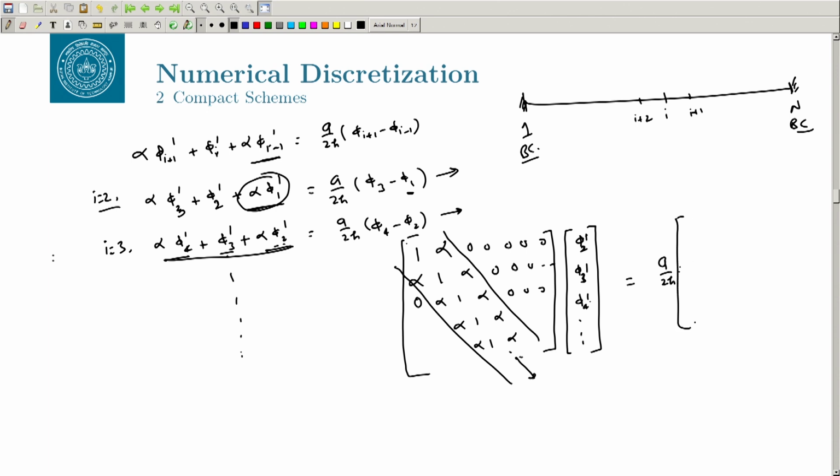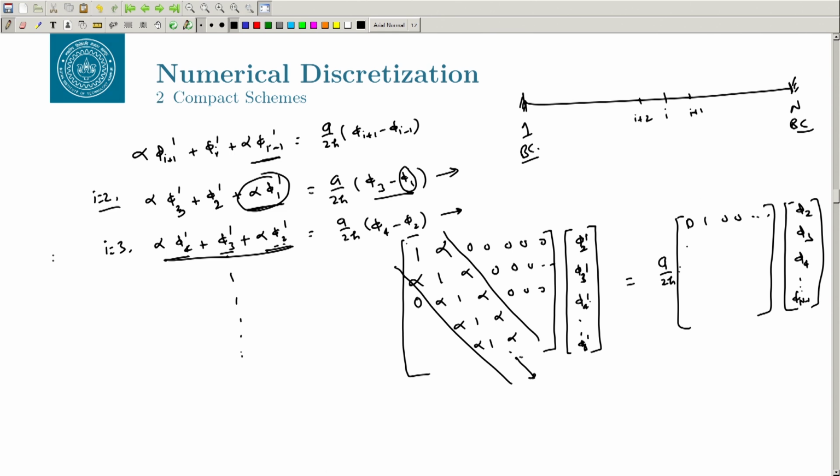and similarly you can write on the right hand side. Okay. So, right hand side, if I write it in terms of phi 2, phi 3, phi 4 and so on and so forth all the way to phi n minus 1. Okay. So, you can see here this is phi 3 minus phi 1 and phi 1 is the boundary condition, right. So, this will become 0 and 1, right. 0 multiplied by phi 2 and the rest all will be 0.